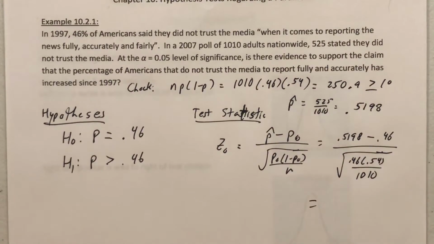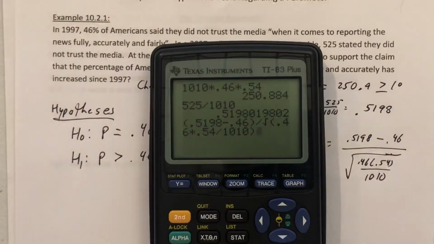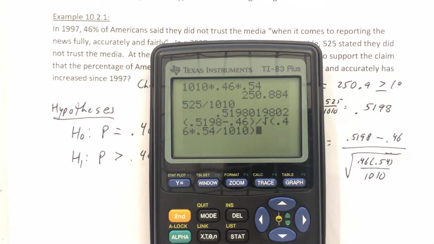All right, so let's make sure we can get that typed into the calculator correctly. I'm going to show you real quickly here. This is what it looks like on my calculator.